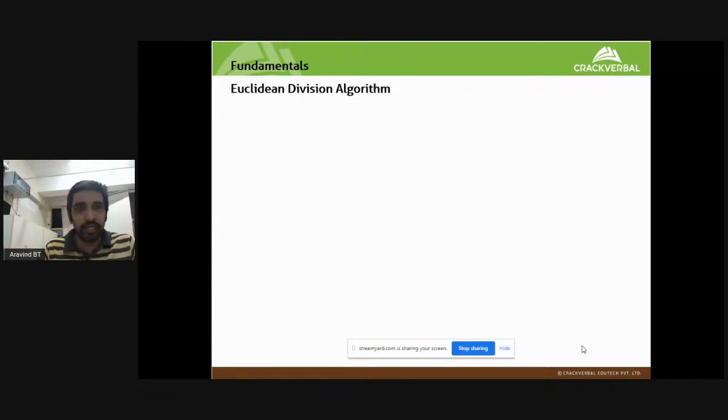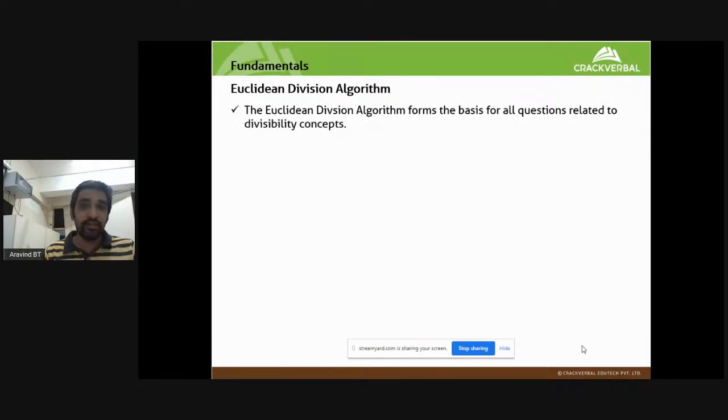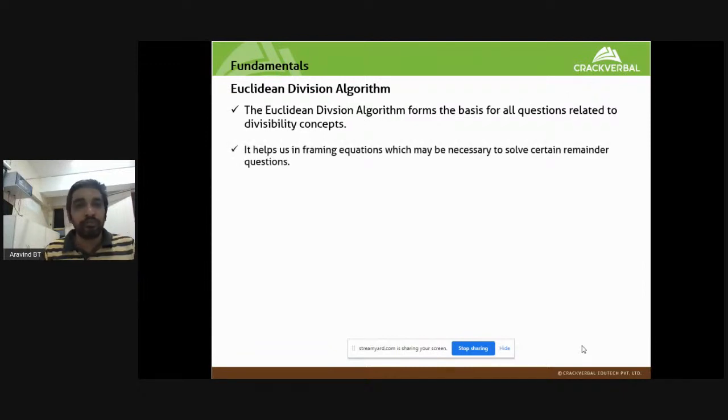So that's the reason why I've put this as the first concept that we have to discuss. It forms the basis for all the questions related to divisibility, and remainders are one of the divisibility questions. So how does it help us? The algorithm helps us in framing equations, which we can then use to solve the remainder questions. So what is the Euclidean division algorithm?